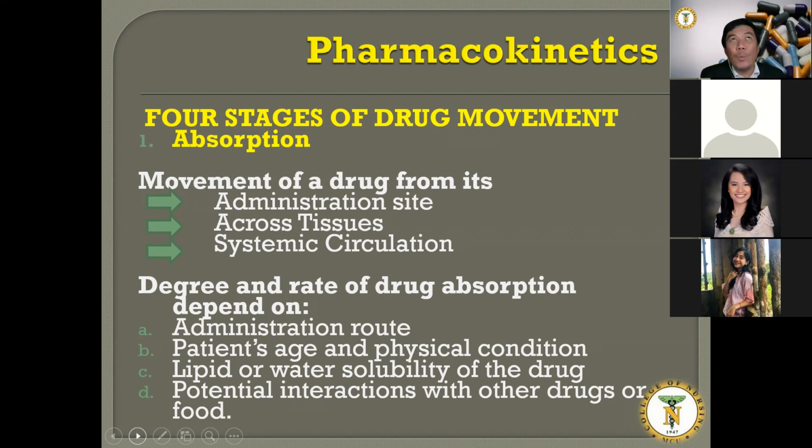The physical condition that we're talking about is, for example, as I have mentioned to all of you, that the major organs greatly involved in pharmacology, other than the brain, are the liver and the kidney. Whenever these conditions are present as comorbidities in clients, then obviously absorption could be affected.